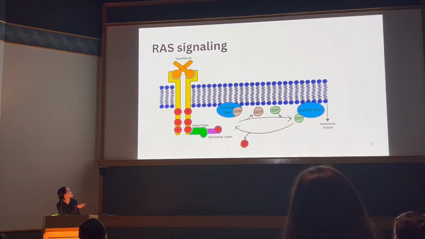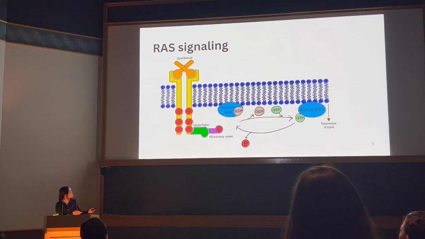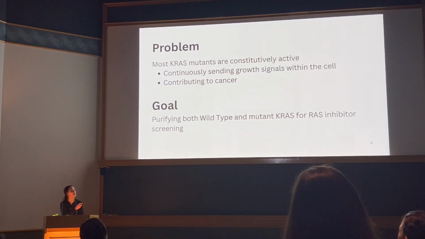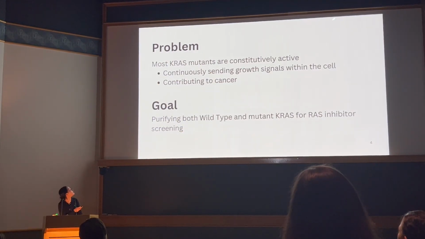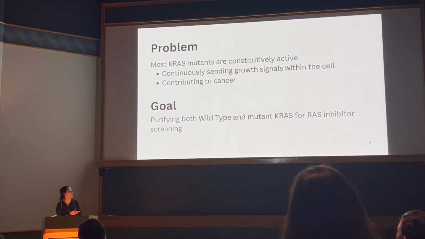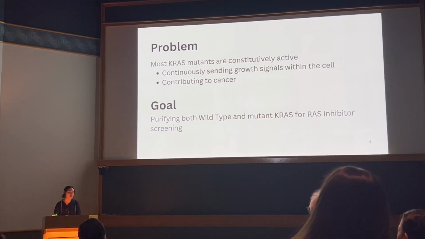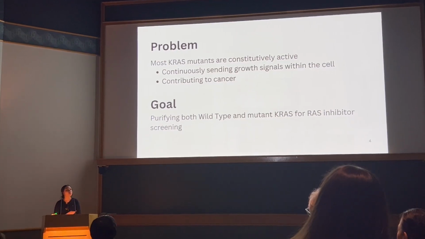After that it has to go back to the GDP form by dropping a phosphate, but there's a problem when that does not occur. When RAS mutations occur, it doesn't go back to the GDP form, and it keeps sending signals within the cell. So we focus specifically on the G12C mutation.